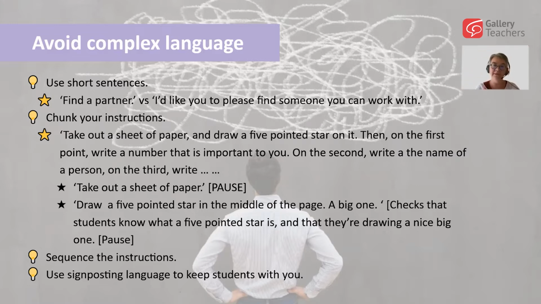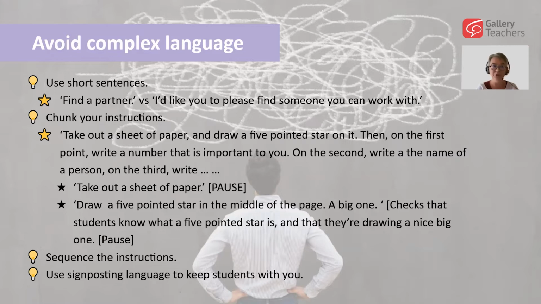And then with the stars, I've had students draw tiny stars, huge stars, and some didn't even know what a 5-pointed star was. So don't assume. You tell them, take out a sheet of paper, an A4 sheet of paper. Check that everybody has a sheet of paper. Tell them to draw the 5-pointed star, right? So you go, now draw a 5-pointed star on it in the middle of the page, a big one.